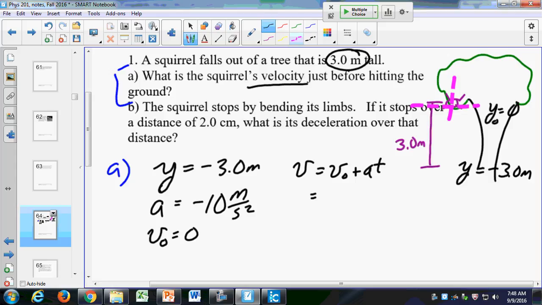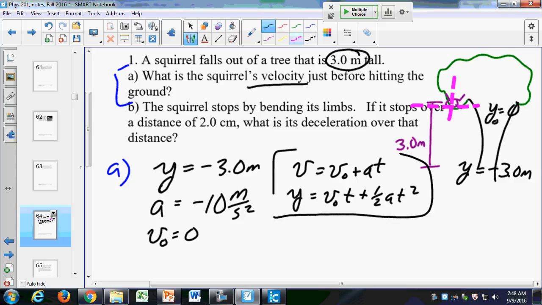I'm going to write down both equations. y equals v naught t plus 1/2 a t squared. I'm going to look at these equations and ask myself the question, what are the unknowns? All right, well, v is an unknown and t is an unknown. Those other things are known. So it looks like I just have t here and t here. You agree those are my only unknowns in these equations?